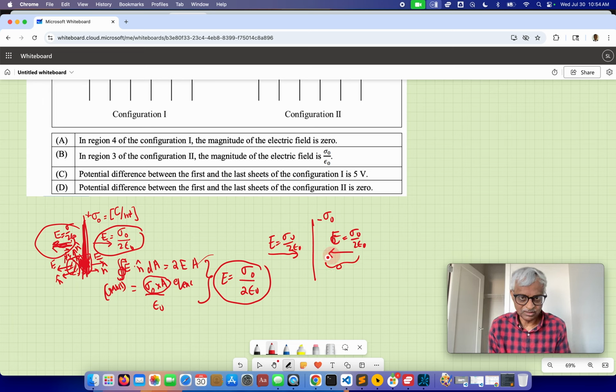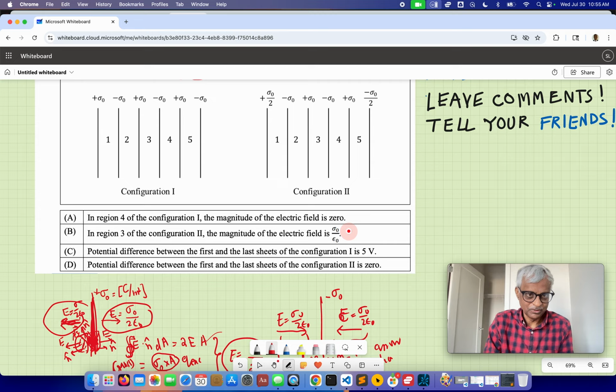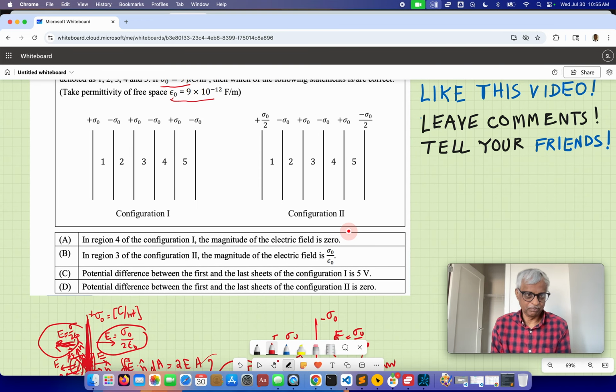The sign is in the arrow direction, not in the magnitude.